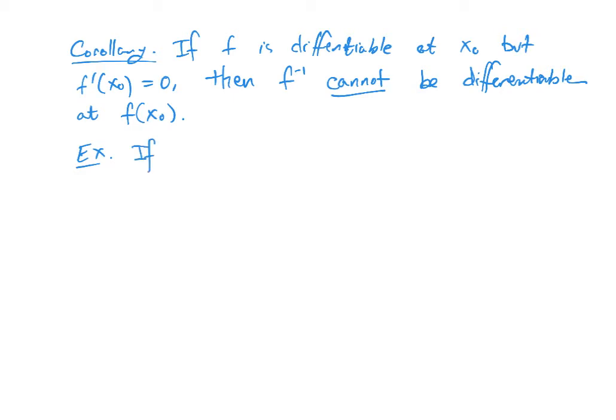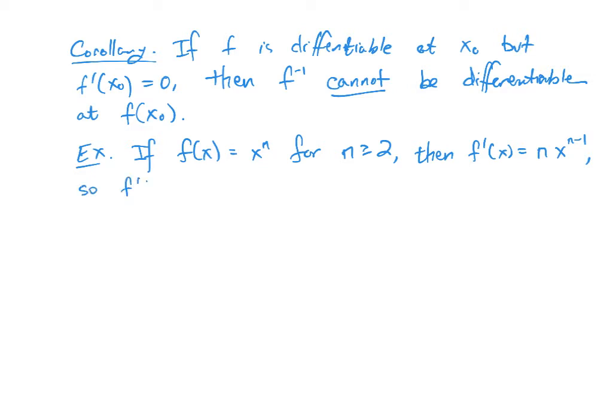And let's just go to our x to the n. Let me assume n is at least 2. And then, from what we know from the last lecture, our derivative is n x to the n minus 1. Again, I'm assuming that n is at least 2. If we look at the origin, we get a derivative of 0.